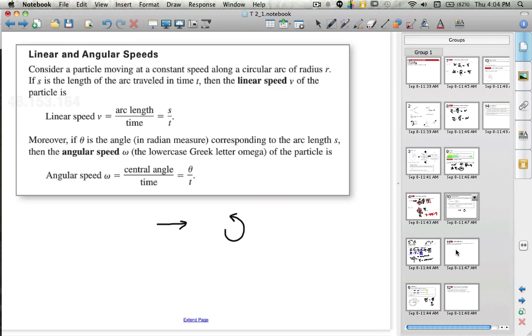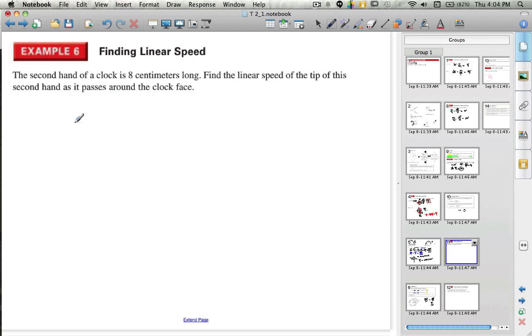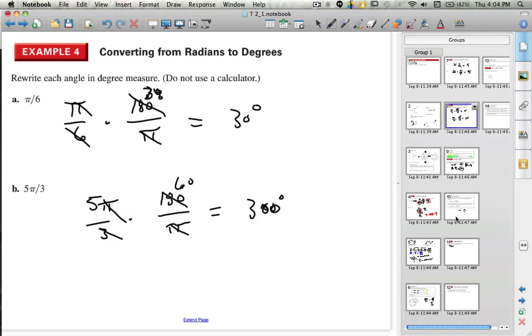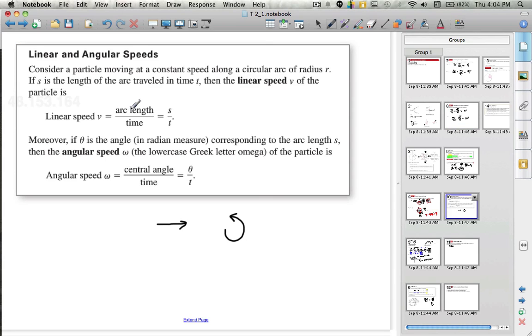Okay, so if we want to go ahead and do that, the second hand of a clock is 8 centimeters long. That means that my radius is 8 centimeters. Find the linear speed of the tip of this second hand as it passes around the clock face. Well, if we go back and take a look at linear speed, it's going to be the arc length divided by the time.